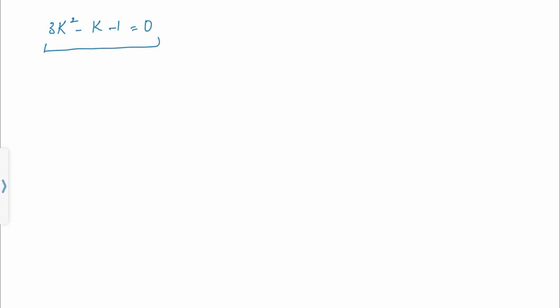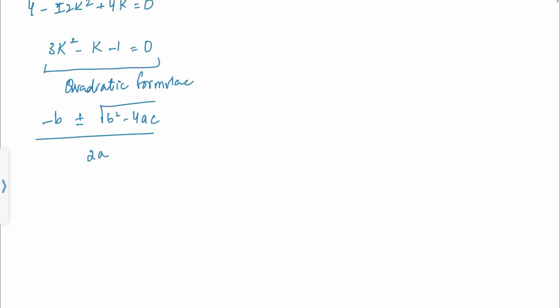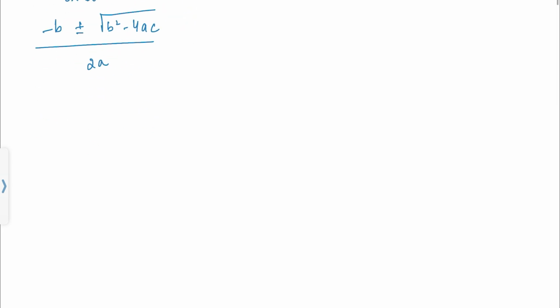Now we'll solve this using the quadratic formula, which is minus b plus or minus the square root of b squared minus 4ac, over 2a. The formula remains the same. 3 is the k squared coefficient, so 3 is our a, this is our b, and this is our c.